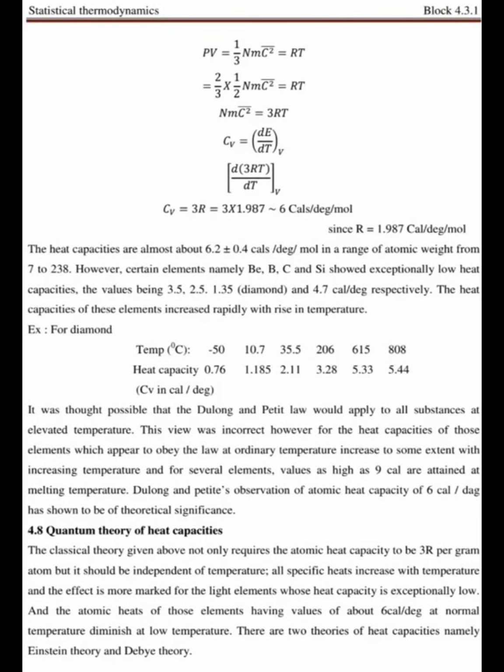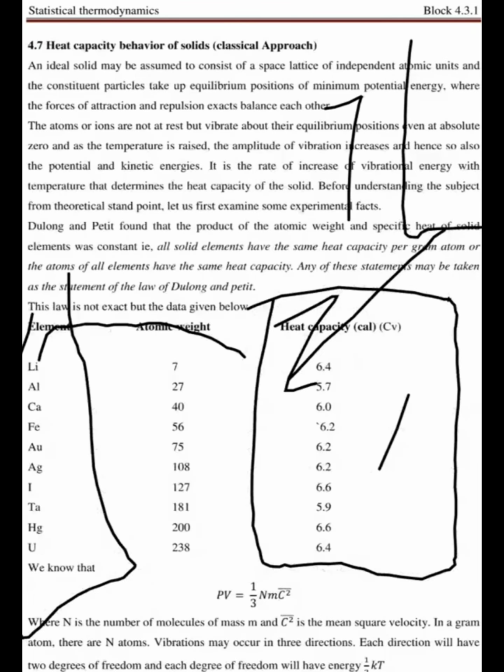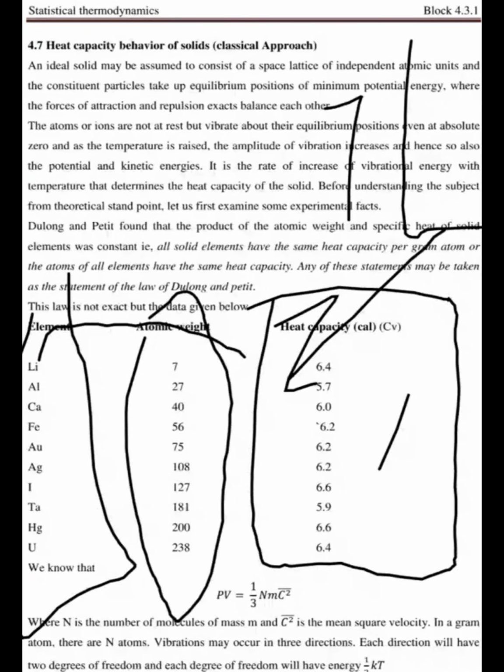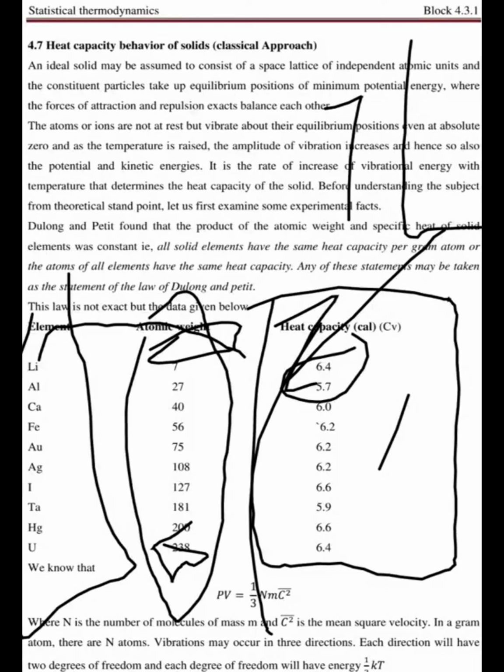The heat capacity ranged between 6.2 to 6.4 for all the range of atomic weight, from atomic weight of the molecule 7 to 38. All were in the range of 6.2 to 6.4.